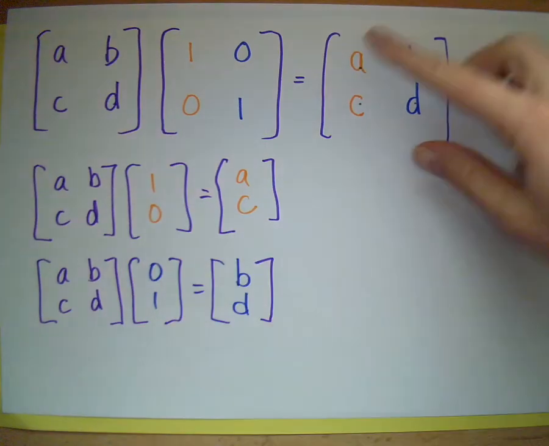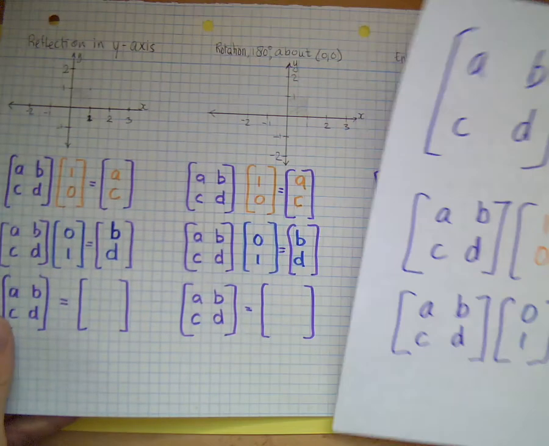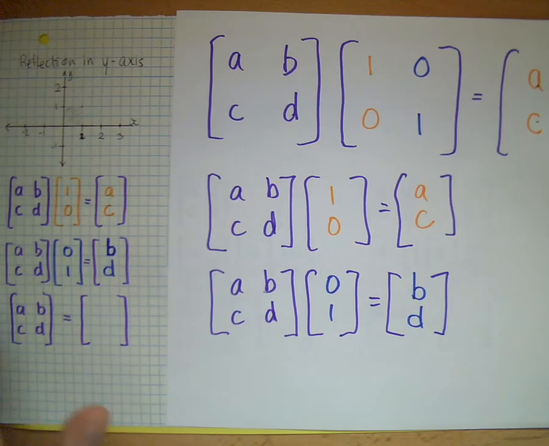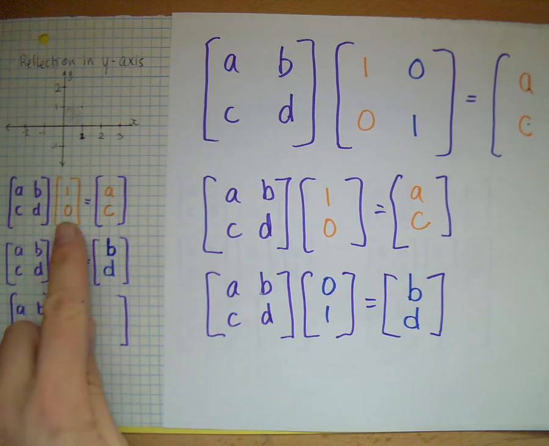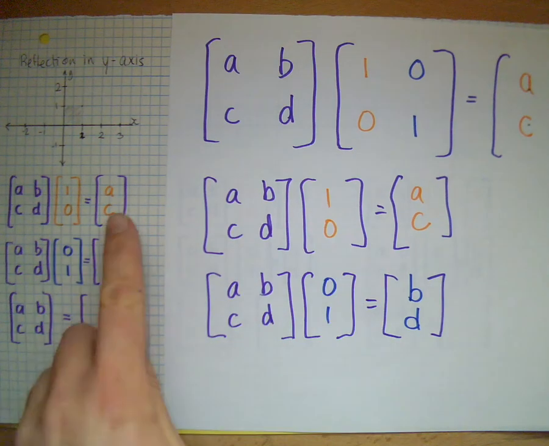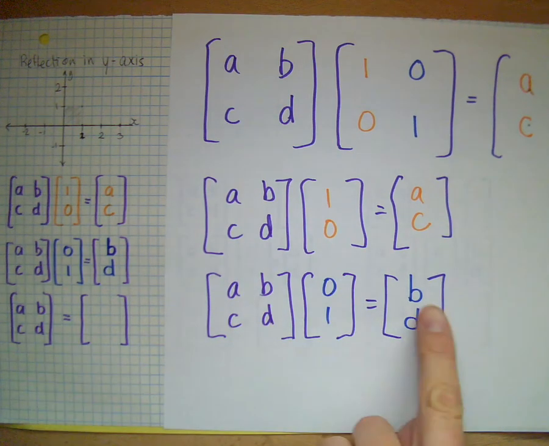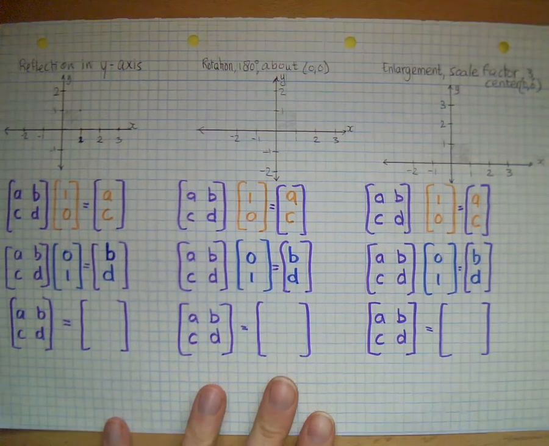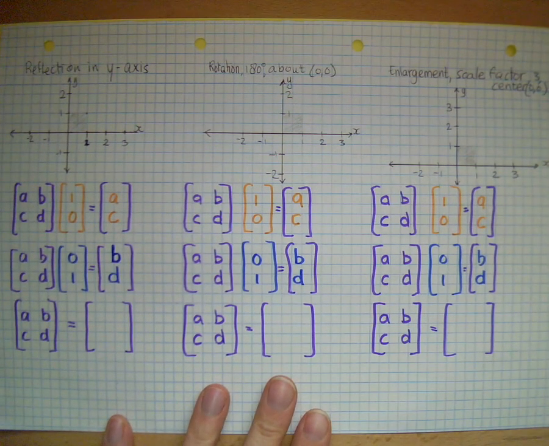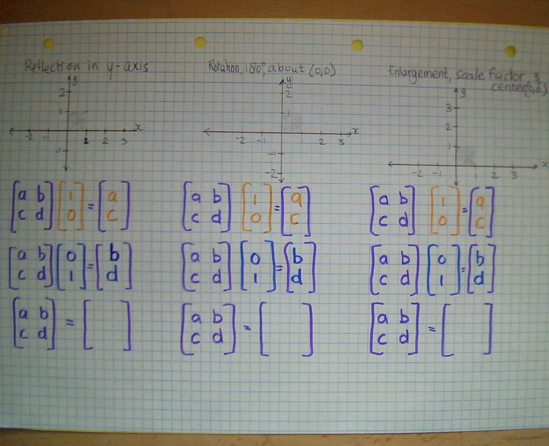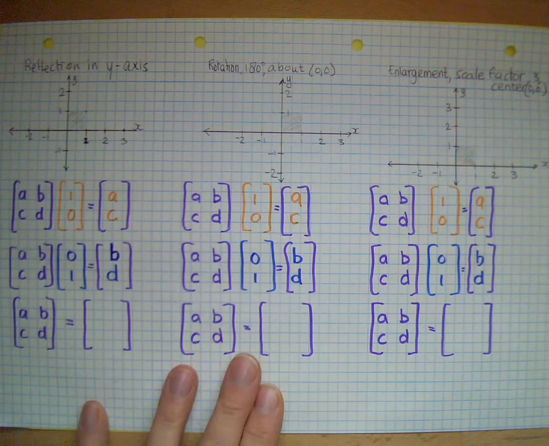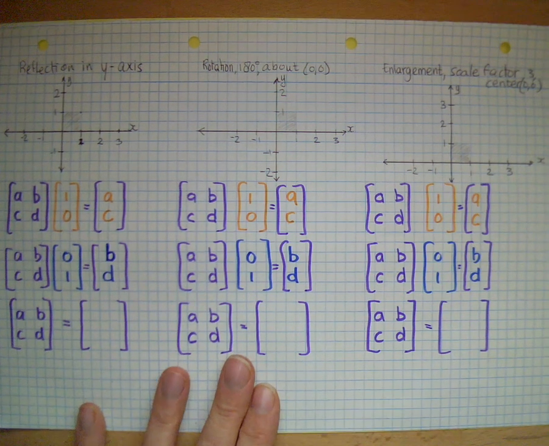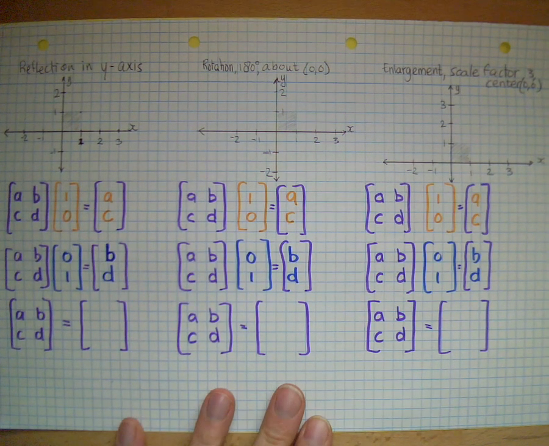What I have down here, I've copied onto my graphing paper. See? A, C, and this one down here is over here. Like I said, I want you to now start to see these two columns as vectors.